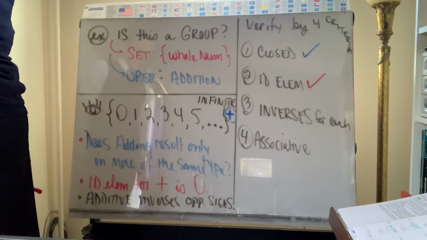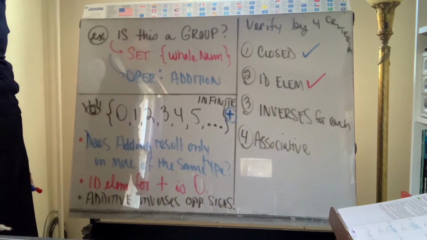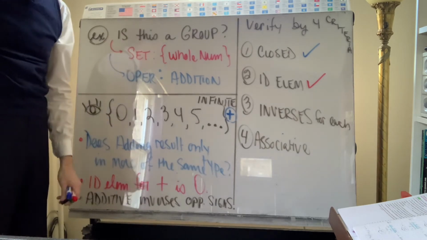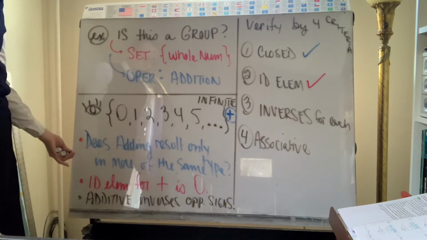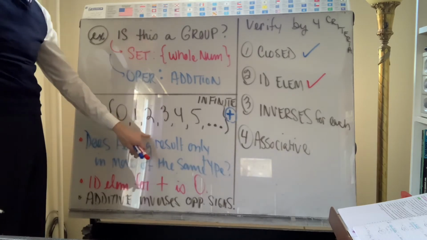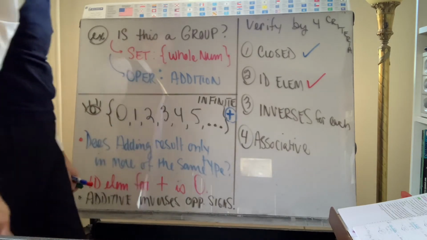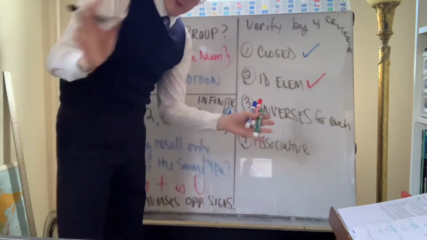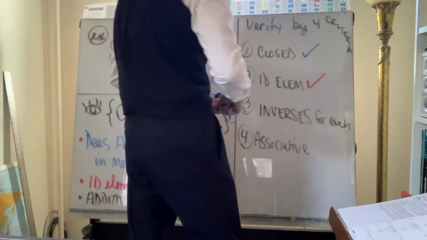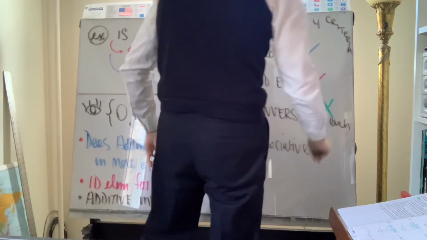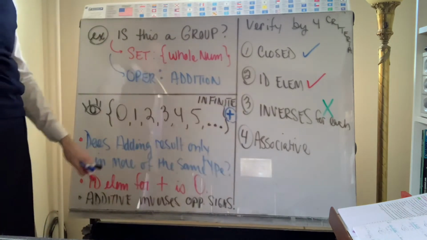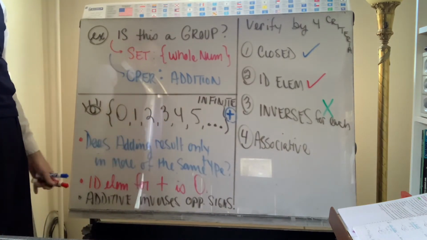The one exception would be 0 here. There are no negatives, none of them. So this is where the house of cards collapses, and we would say no. There are not inverses for each of these elements at all, really.